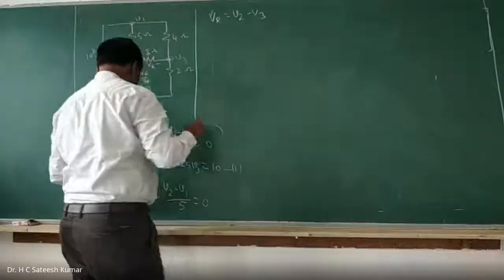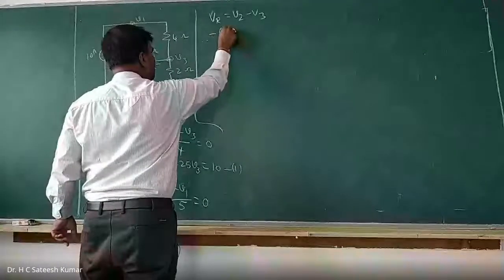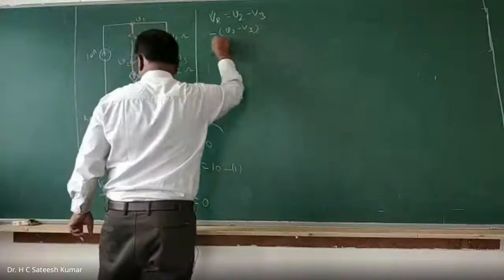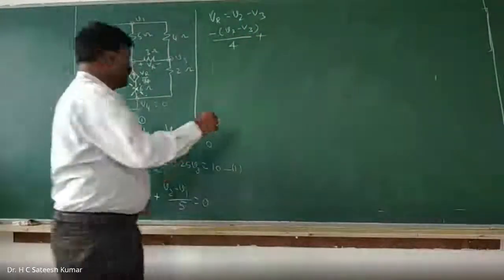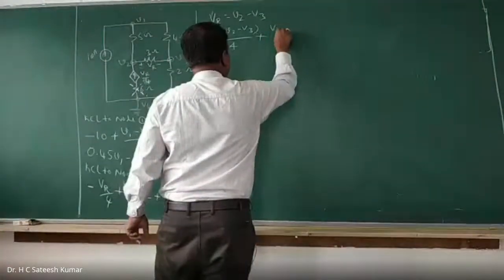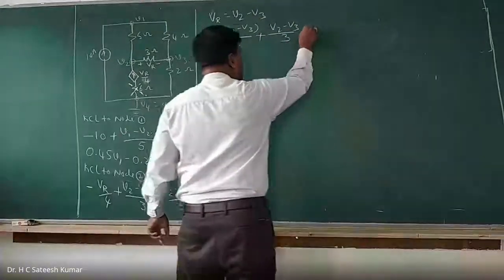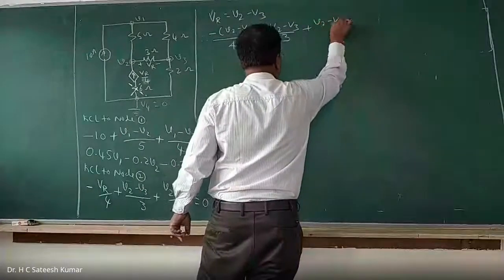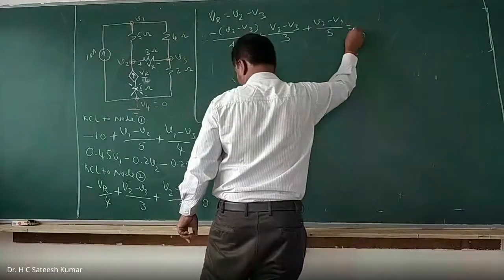Therefore, substitute in this equation. Therefore, we can get it as what? Minus of V2 minus V3 divided by 4 plus V2 minus V3 divided by 3 plus V2 minus V1 divided by 5 is equal to 0.